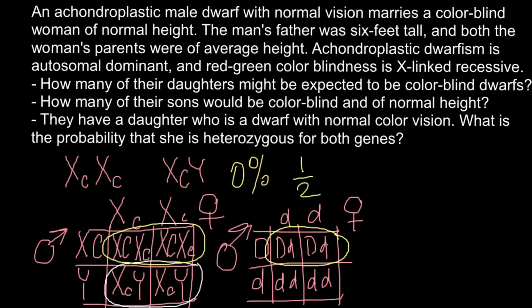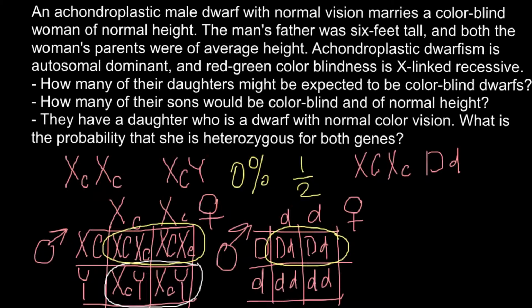So the genotype would be X capital C, X small c. So they would be heterozygous for this trait, and also half of them, according to the second Punnett square, would be dwarf. So the genotype would be capital D and small d.